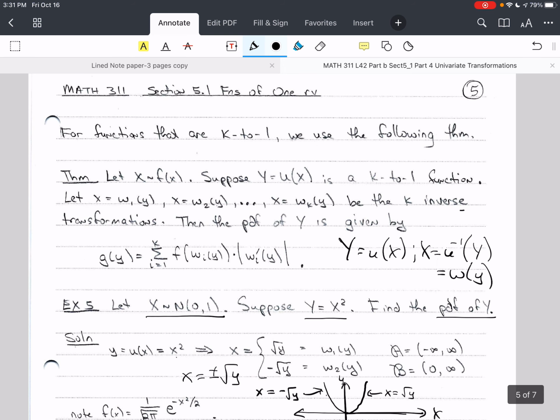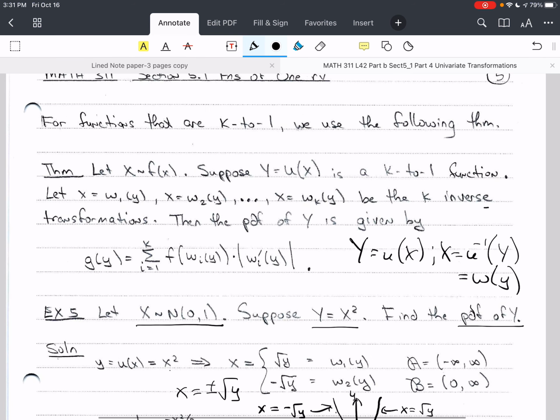So let's talk about this k-to-1 transformation theorem for continuous random variables. We're going to let x have a PDF f of x, and y is going to be a function of x that is a k-to-1 function. That means we need k different transformations here. So for each segment of x, there will be a different transformation.